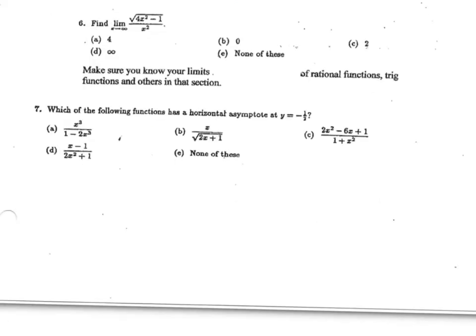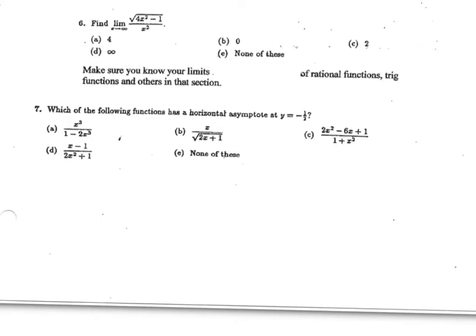Number 6, we want to find the limit as x approaches infinity of the square root of 4x squared minus 1 over x squared. And finding limits as x approaches infinity is the same as finding horizontal asymptotes. So if we take a look at our function, it's a little bit tricky, but the degree on top is actually smaller than the degree on the bottom, since we are taking the square root of x squared.